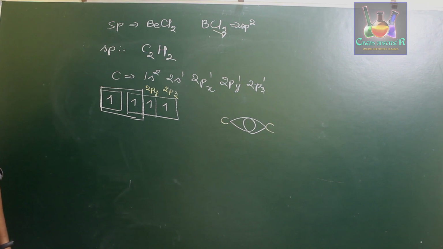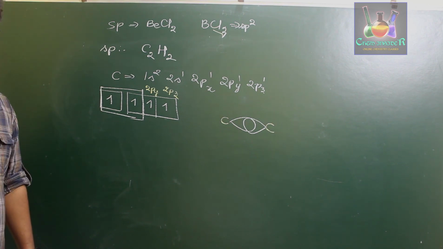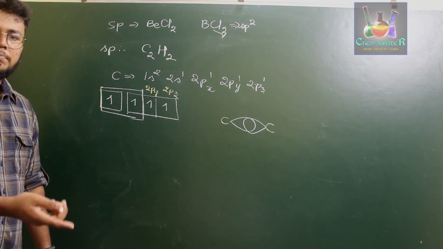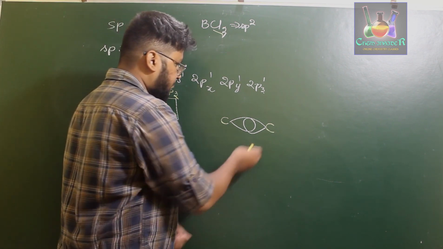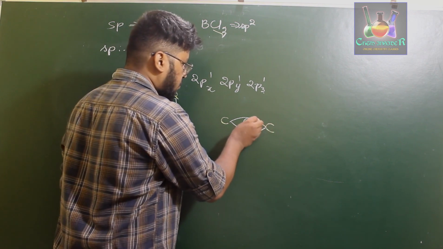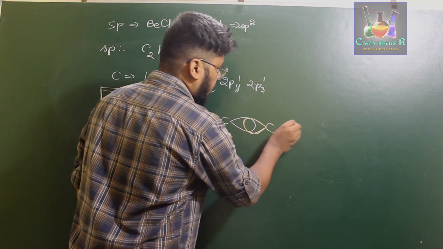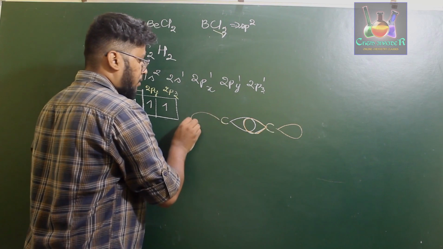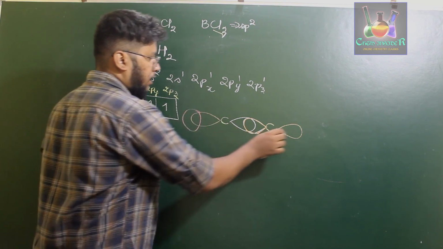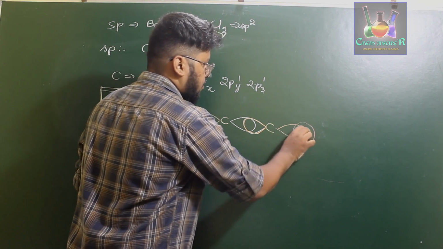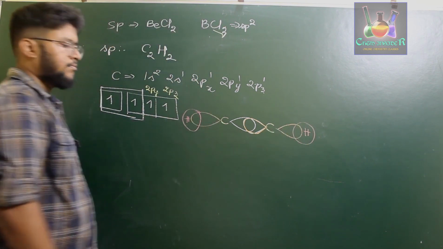One of the sp hybrid orbitals will be overlapping with the other sp hybrid orbital of carbon, and the other sp hybrid orbital will be overlapping with the 1s orbital of hydrogen like this. Okay, so we have hydrogen and hydrogen.